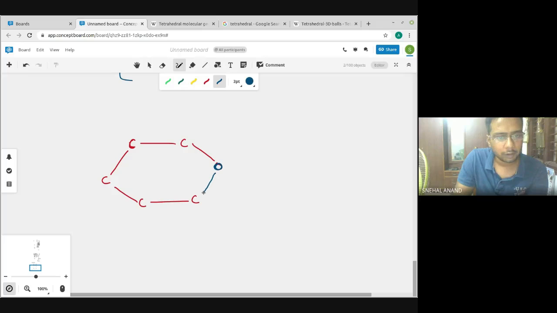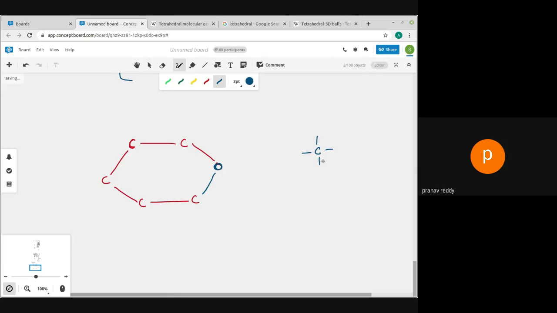Can anyone tell me how many bonds a carbon forms? Carbon forms 6 bonds, Natras? No, it doesn't form 6 bonds. Dax is saying 12 bonds. Don't look at this structure. Okay, leave this structure. Just one carbon can maximum form how many bonds? 4, sir.